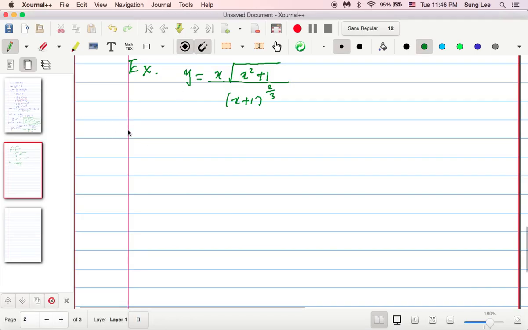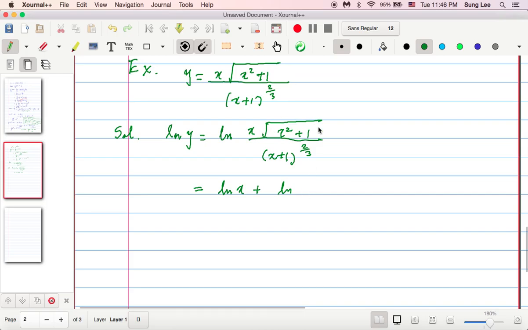Okay, so here's the first step. We take the logarithm first. Take the natural logarithm of each side. So that's going to be ln of x times square root of x squared plus 1 over (x plus 1) to the power 2/3. Now, using properties of logarithms, this can be separated into ln x plus ln of the square root of x squared plus 1.